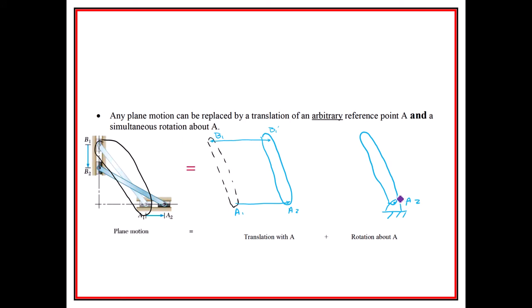It rotates down this amount to get to B2. So this was B1 prime right here, and it made the journey over to get to B2. That was through a delta theta right there. So it ends up in its final position based on this.